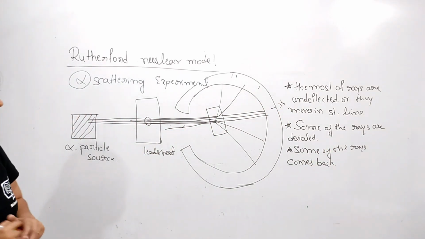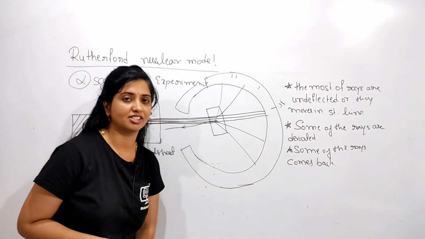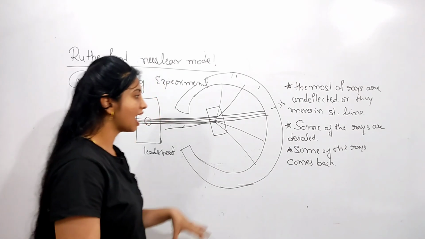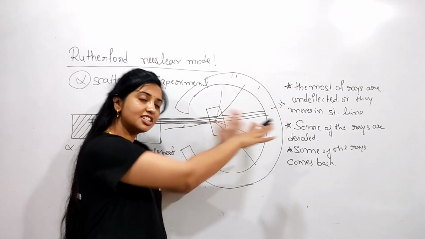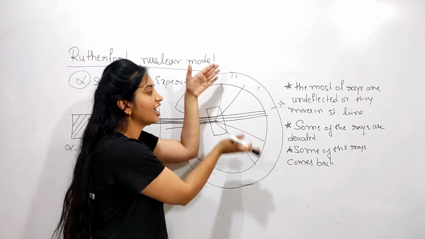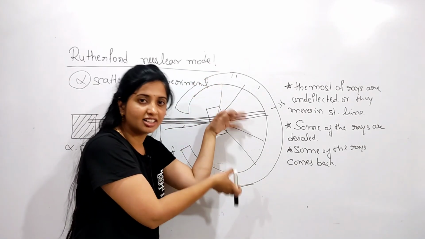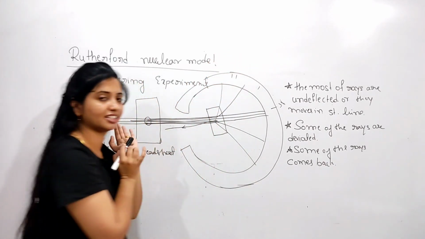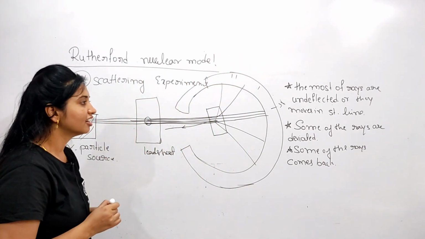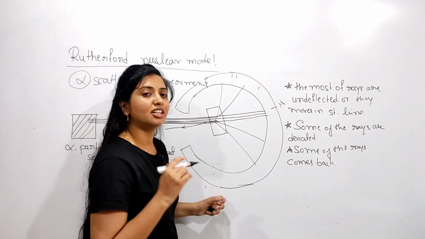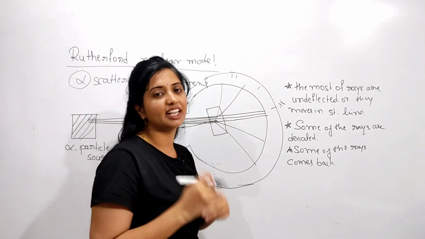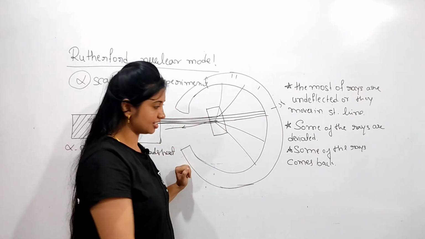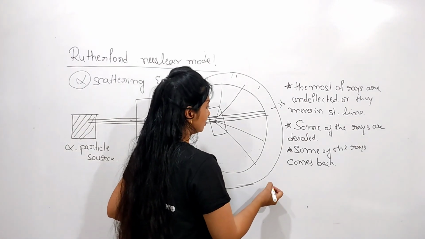So by seeing these observations, he guessed what happened. Why do some rays move in a straight line, why are some deflected at a smaller angle, why are some deflected at a larger angle, why do some come back? He thought about it and concluded that most of the space in an atom is empty.